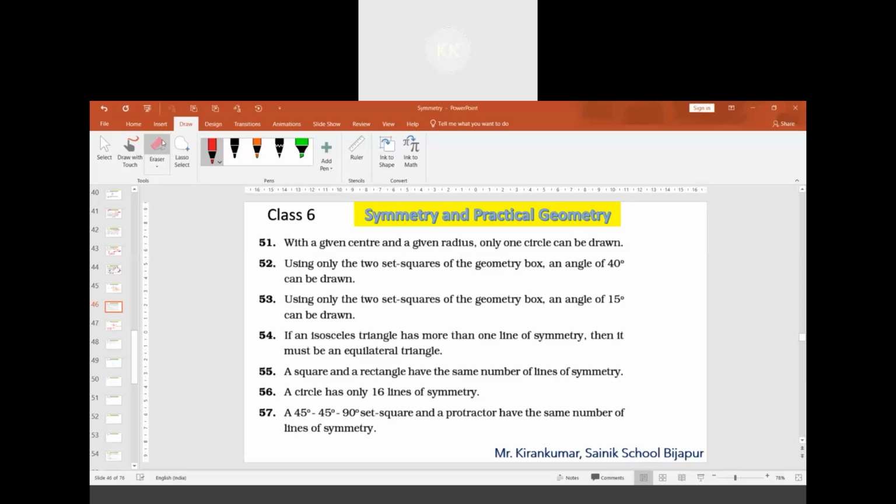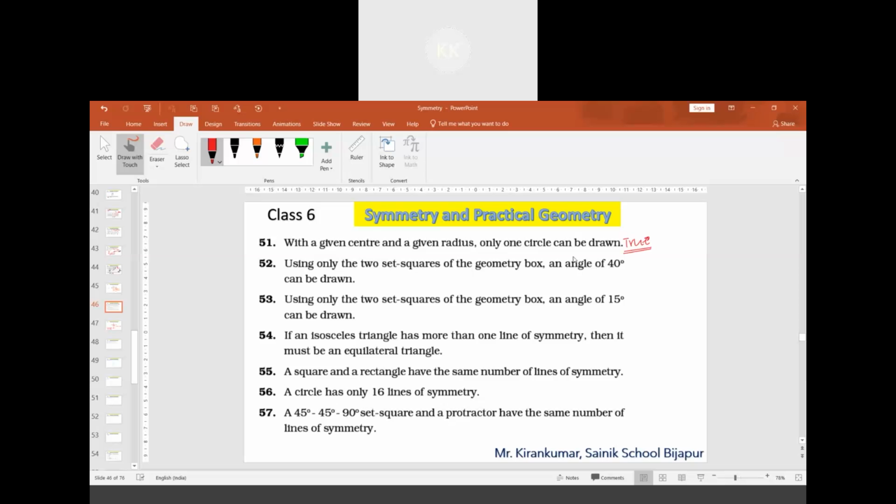Coming to question number 51. With a given center and a given radius, only one circle can be drawn. This is a true statement because with one center and one radius, there will be only one circle possible. Using only the set squares of the geometry box, an angle of 40 degree can be drawn.